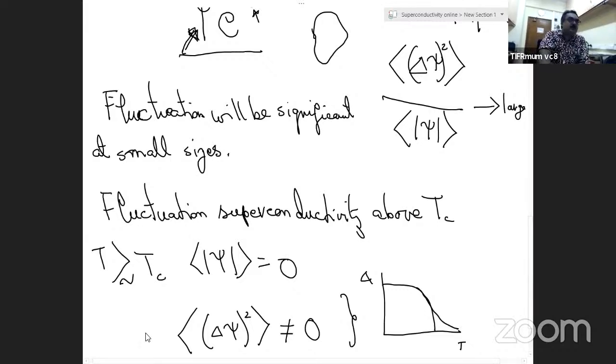Now, this effect was also observed some years back. So these things have been predicted long back. But the problem was, first of all, making small particles at nanometer length scale was difficult. And second, measuring was even more difficult.